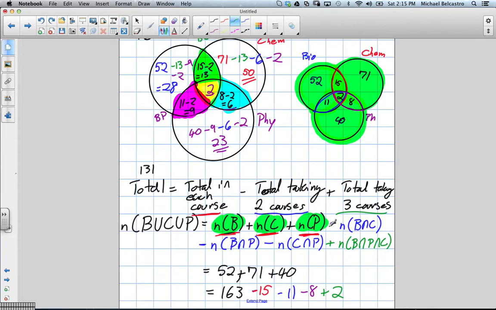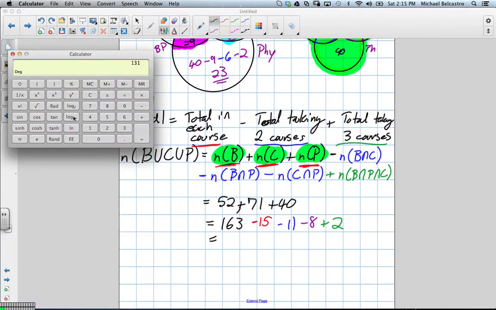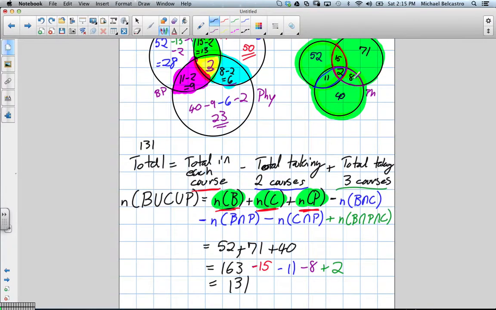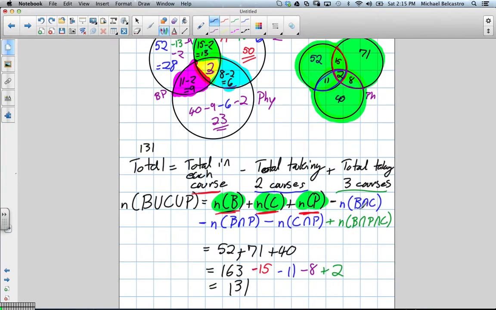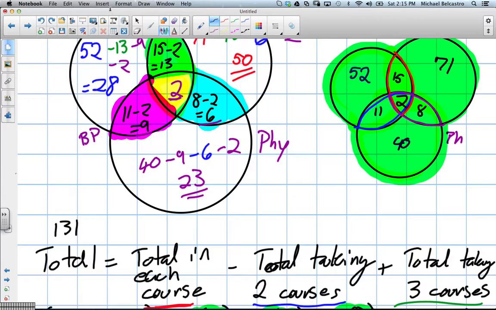We're going to add them back into the equation. And this will tell us how many people are taking science courses in total. So people taking science courses are 163 minus 15 minus 11 minus 8, and then 129. Well, we know that wasn't the answer. The answer was 131, so we add back in our middle, and we're back at 131 in this case. So because of that kind of double subtraction in the middle, we have to add that middle part back in when we're doing the inclusion and exclusion formula.